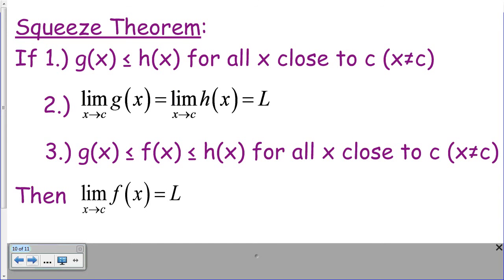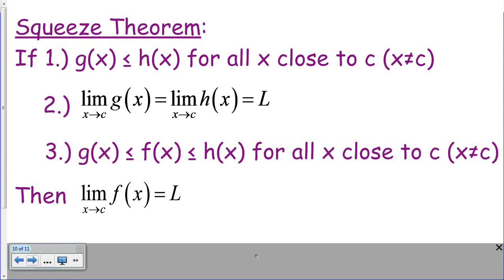The reason that we have squeeze theorem is if the function f of x is so complex that I don't have a method for finding what the limit is equal to, and I need another technique that I can use. That's what this theorem is for. And what it relies on is my ability to come up with 2 other functions, g and h, whose limits I know, based on the second condition here, that I have to know their limits are both equal to L. And if I can show my function can be squeezed between those 2, then my function must have the same limit.